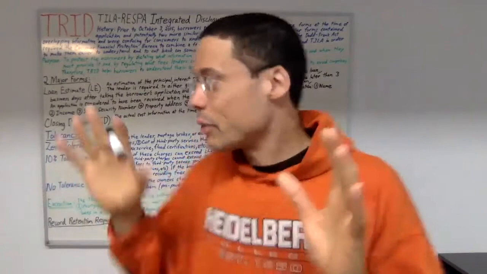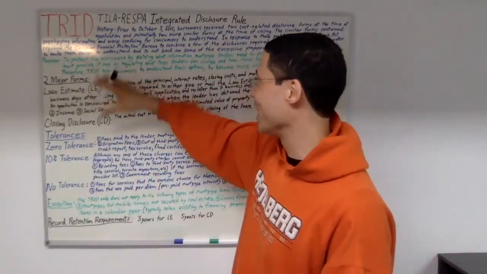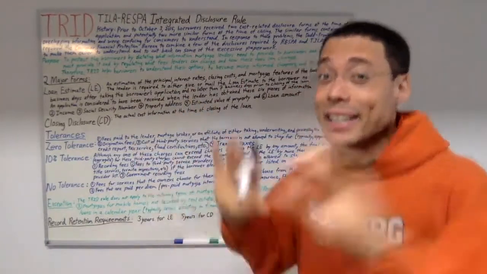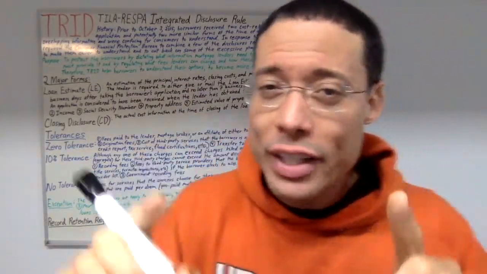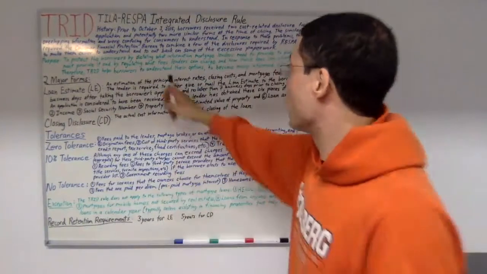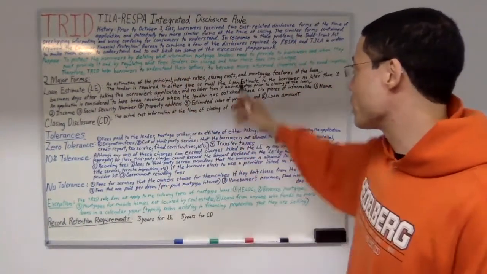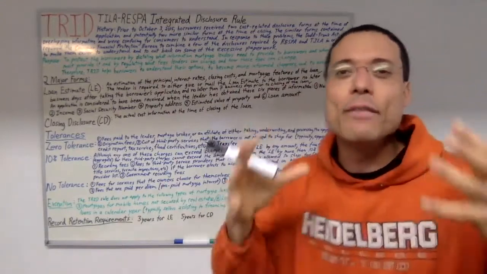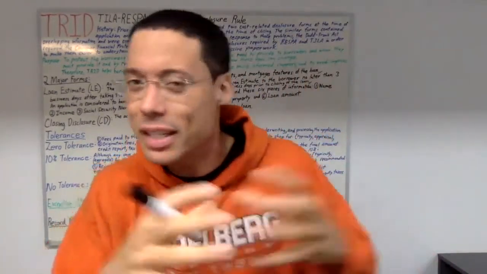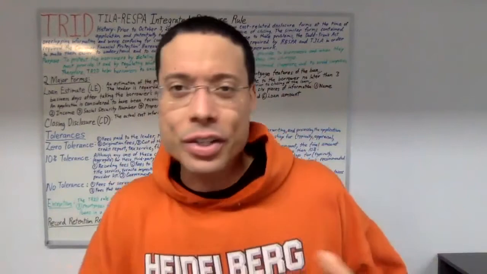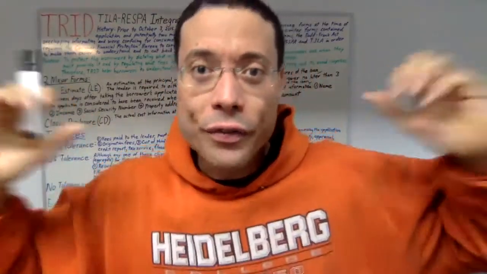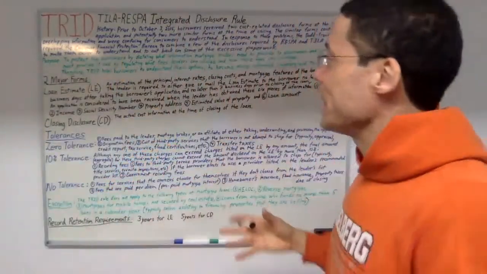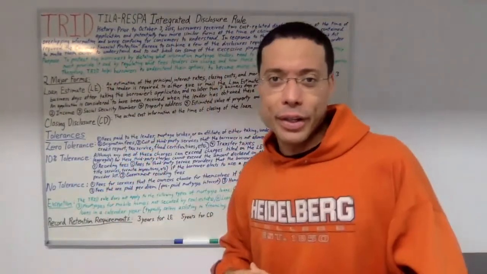We have to protect the borrowers, and we have to make sure that the borrowers clearly understand what their options are so that they can be more informed shoppers and can avoid surprises. We can't be surprising these borrowers with fees at the last minute, right? So TRID has stepped in to protect the borrowers.